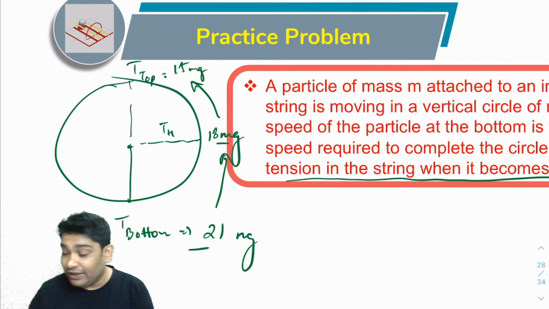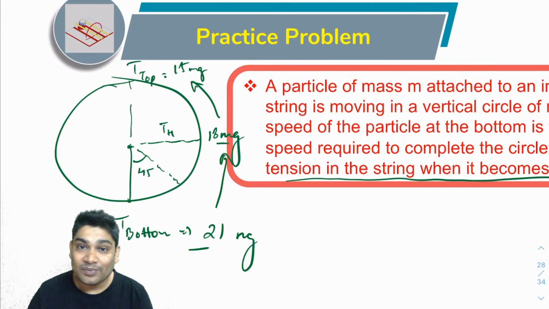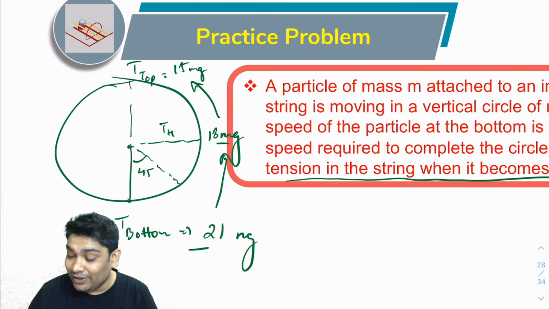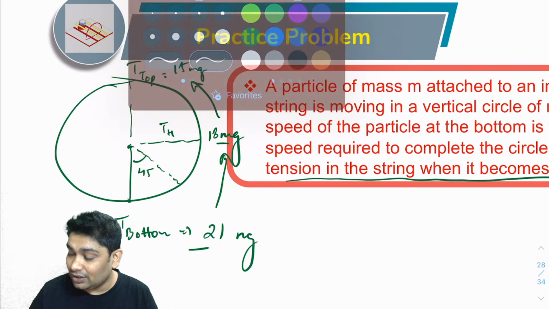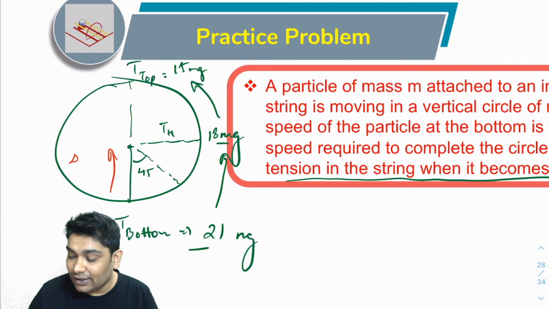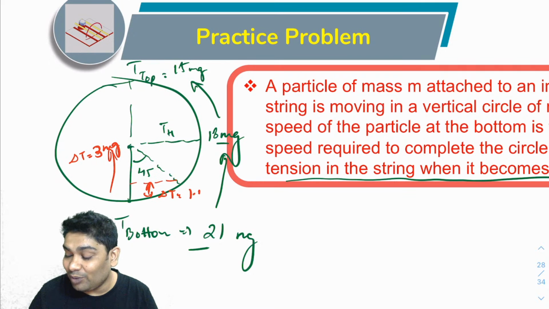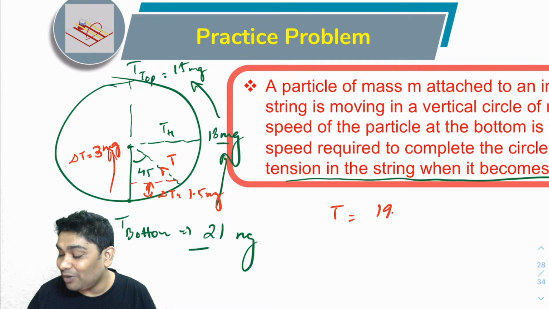So that is the trick, by the way. And if you wanted to calculate the tension at 45 degree, guess how much will that be? From here to here, delta T was 3 mg. Now it has only climbed half the height, right? Half the height. Delta T would be 1.5 mg. So here I can directly say T would be equal to 19.5 mg.